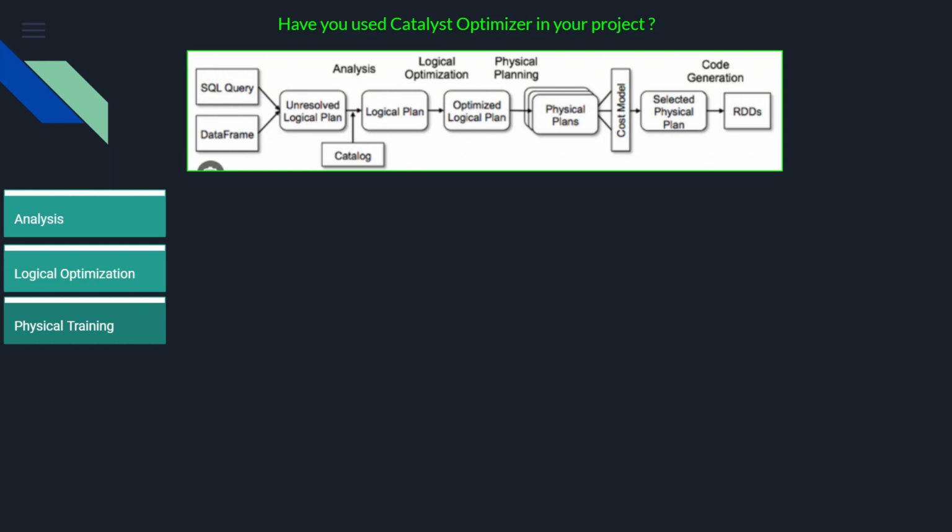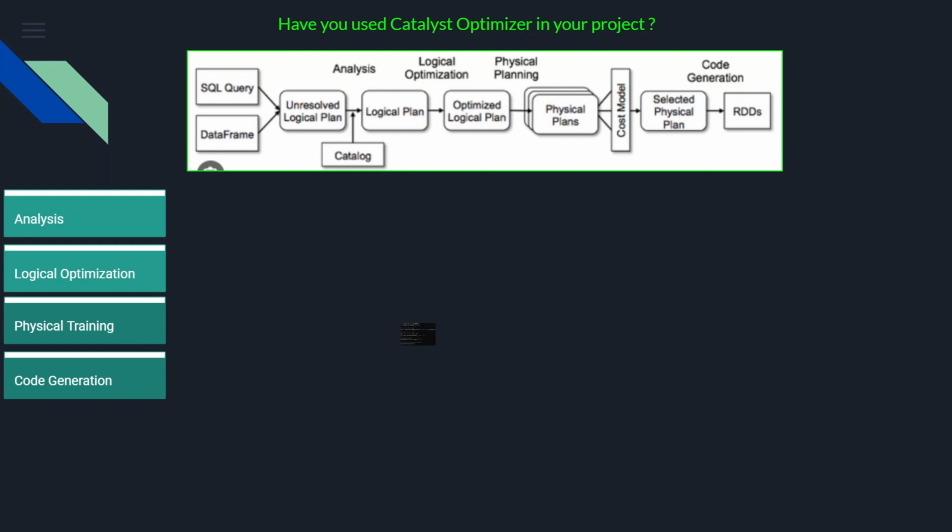It uses cost-based strategies to pick the most efficient physical plan based on statistics about the data. And then we have code generation. Finally, Catalyst generates efficient compiled Java bytecode to run on each machine. This step is crucial for achieving high performance in data processing.